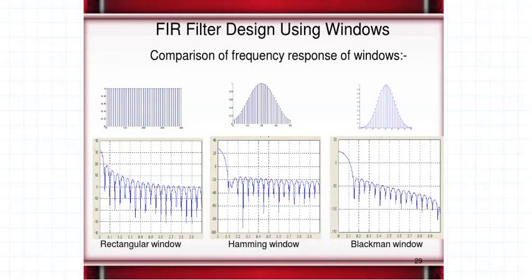So choosing the window is very important. The choice of the window is entirely governed by the application. If your application demands a very sharp cutoff, then the rectangular window could be a good choice. If your application demands minimum ripples, then the Blackman window or Hamming window would be a good choice.